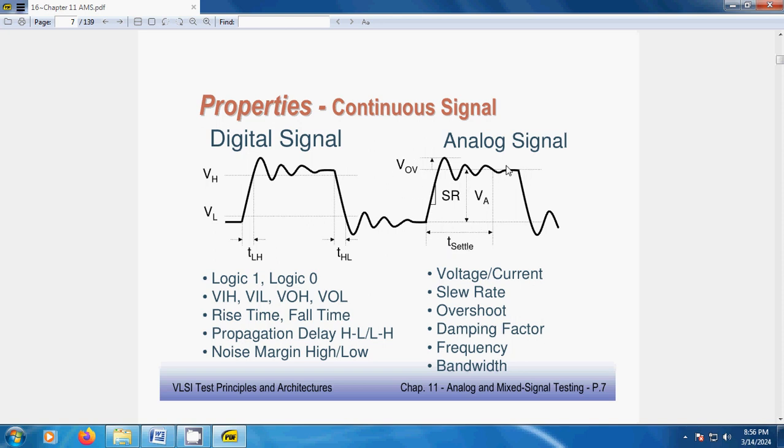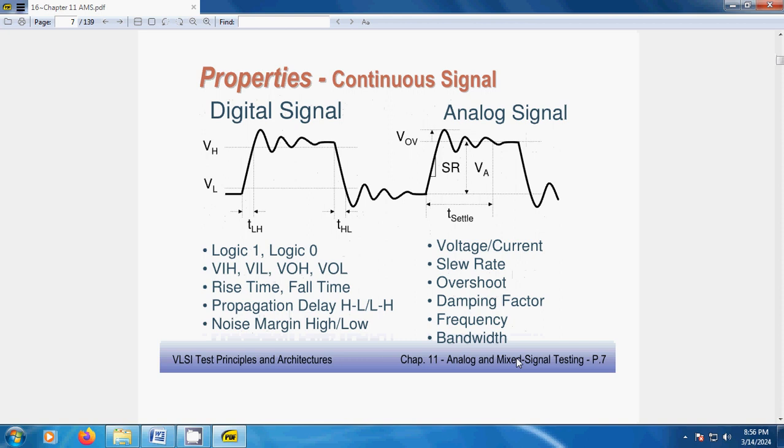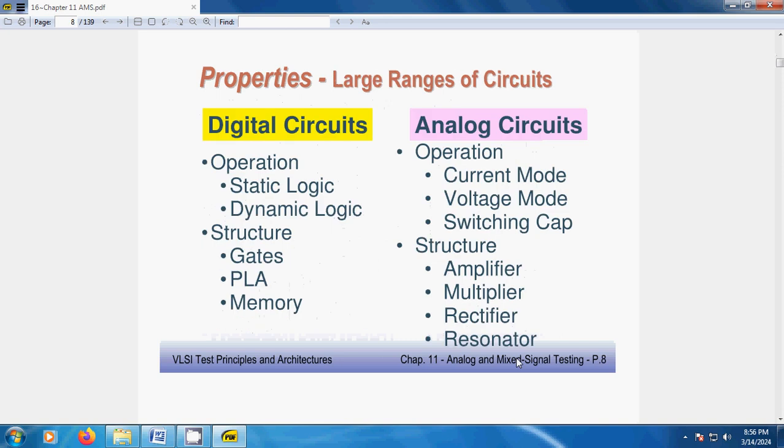Next, what is a digital circuit and what is an analog circuit? In digital circuits, we have two basic types of operation. One is called static, and the second is dynamic logic. Depending upon the structure of transistors or the mode of construction of the IC, we can differentiate it as gates or PLA or memory.